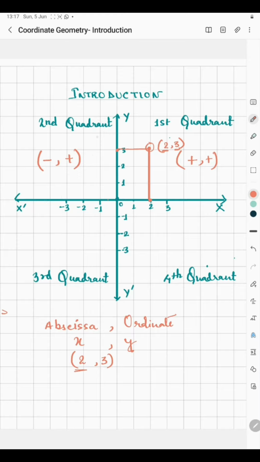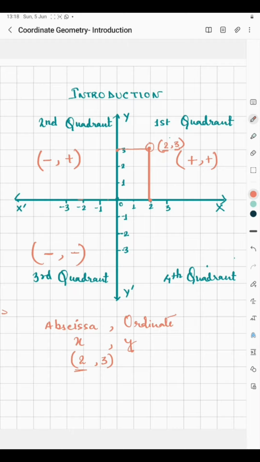Now in the third quadrant, the value of x will be negative and the value of y also will be negative. Why? Because the left side of the origin is negative and the lower part of the origin is also negative. That's why in the third quadrant both abscissa and ordinate will be negative.